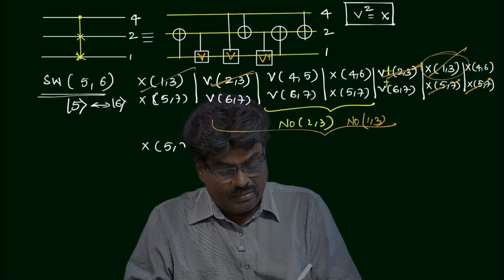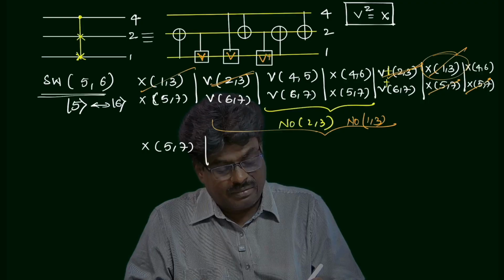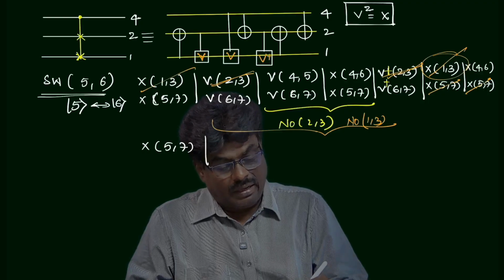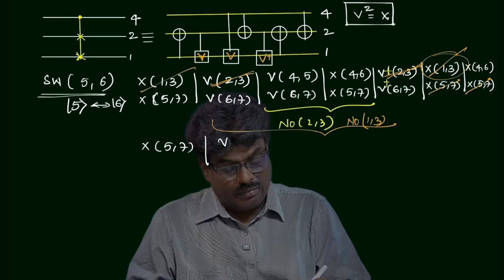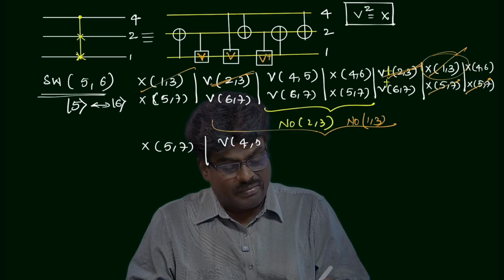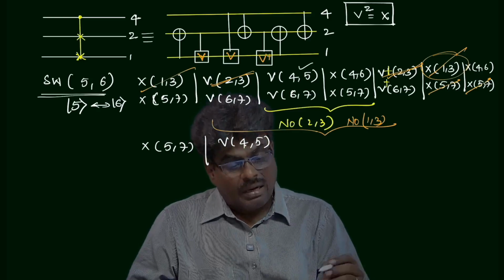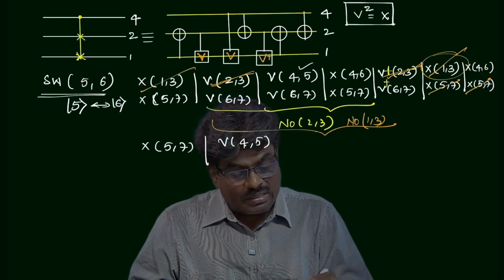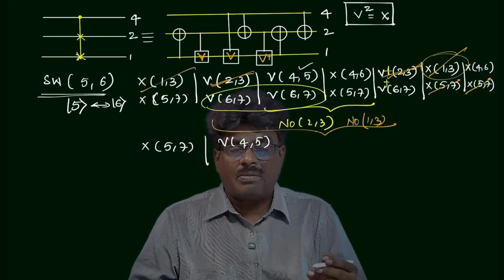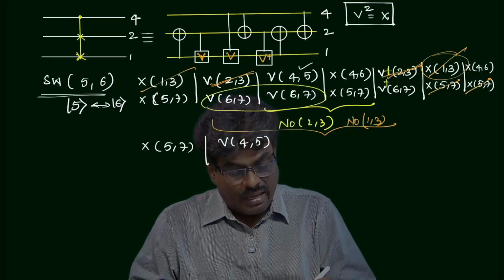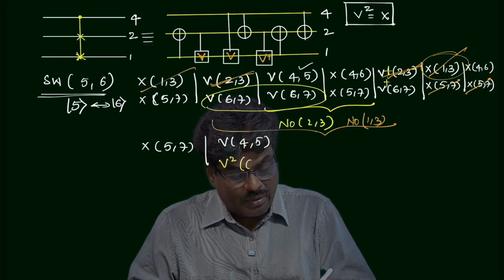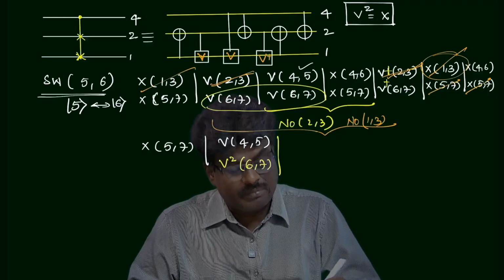X of 5 comma 7, and here I have v of 4 comma 5, this one I am writing, and after that these two are side by side, v of 6 comma 7, v of 6 comma 7. I can write this as v square of 6 comma 7.